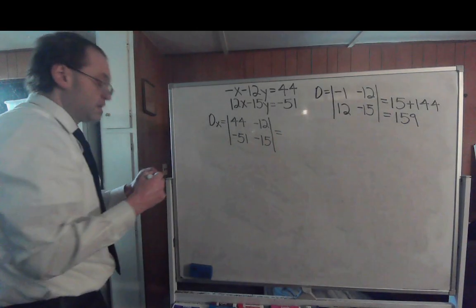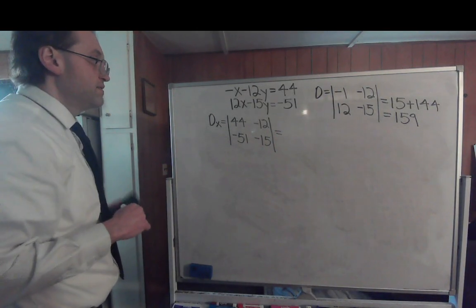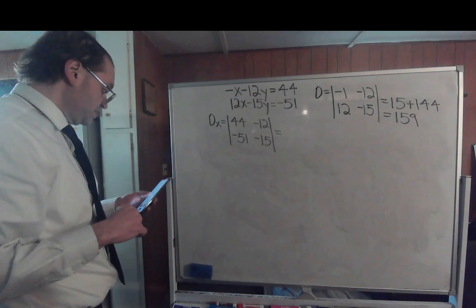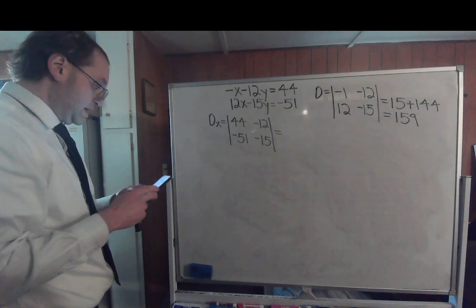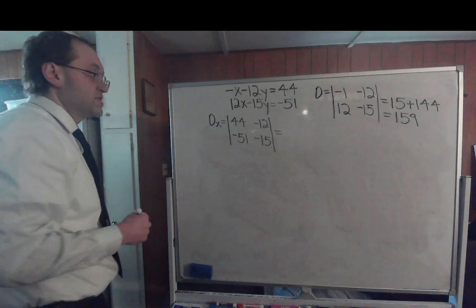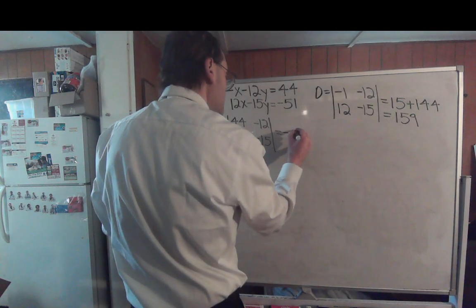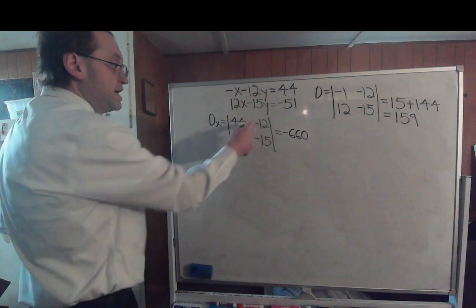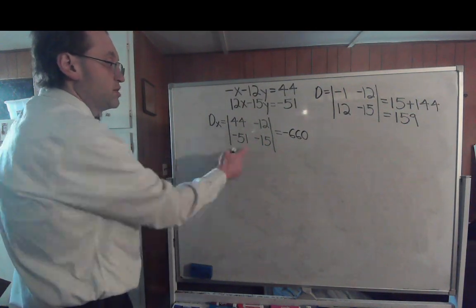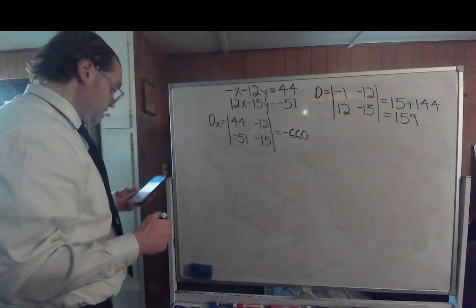Okay, so 44 times negative 15, we first got to ask ourselves that. That would be negative 660. Alright, then minus 12 is plus 12 times negative 51.